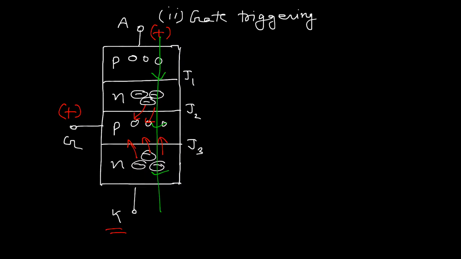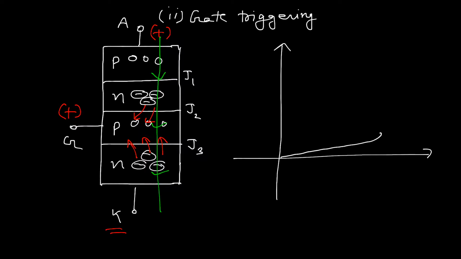We all know the VI characteristics of the SCR in forward biasing condition, which we discussed in the previous session. It starts from here. A very small amount of leakage current starts flowing. This is plus VA, the anode voltage, and this is plus IA, the anode current. And the device starts conducting in this way.